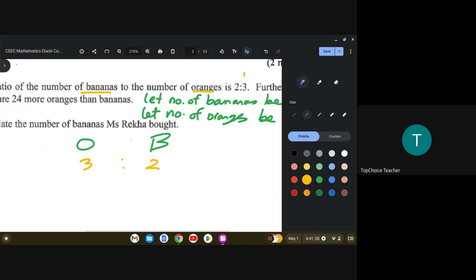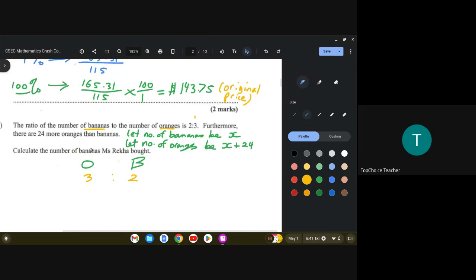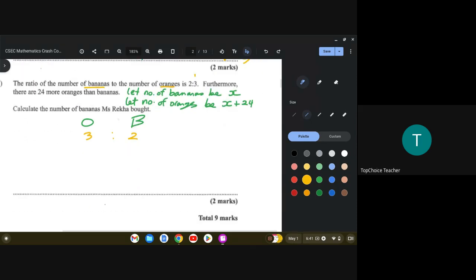The reason I did that is because they want us to calculate the number of bananas. Anytime I work on these ratio type questions, the thing they want us to find, I always like to keep on my right side. You will see that when we put the work in for this question. The thing I want to find is always kept on my right side. That's just the way I like to work it.